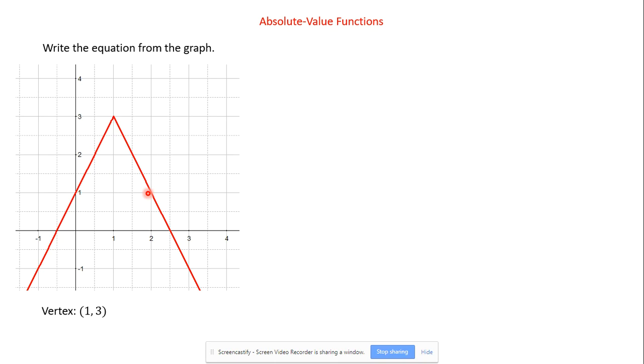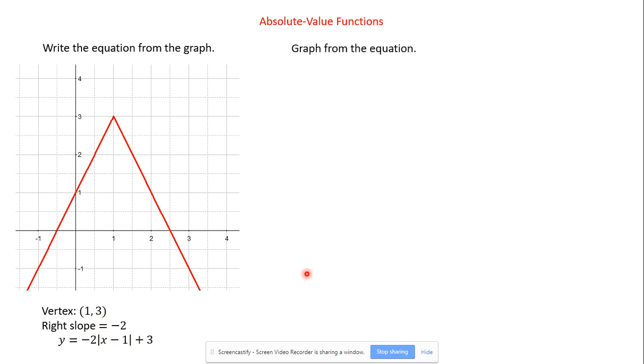So our slope, down 2 over 1, our slope is -2 for the right slope, not the left-hand slope, the right slope. And so when we plug it in, we'll have an absolute value of x minus 1, and then plus 3, then -2 in front of the absolute value. Y equals -2 times the absolute value of x minus 1 plus 3.